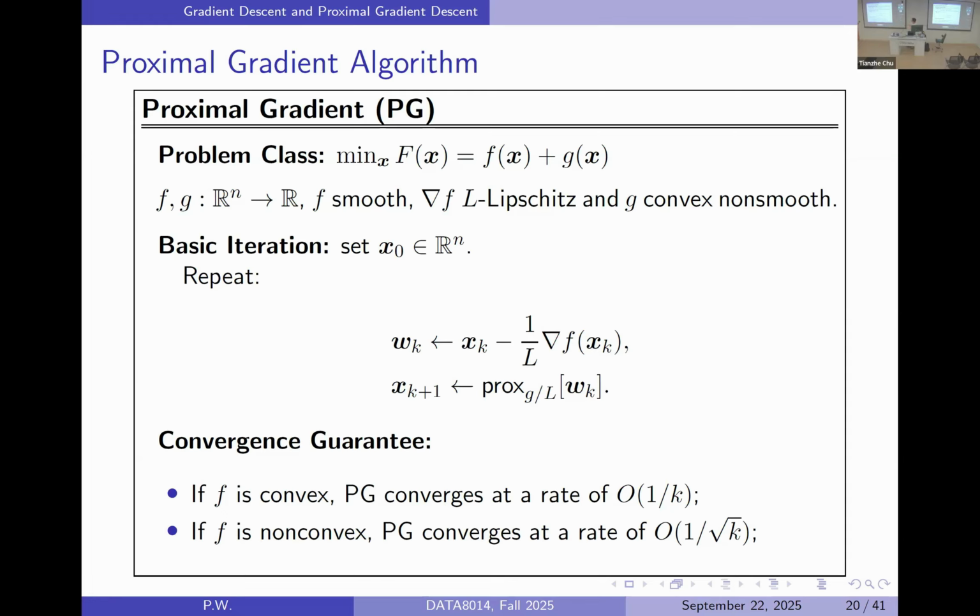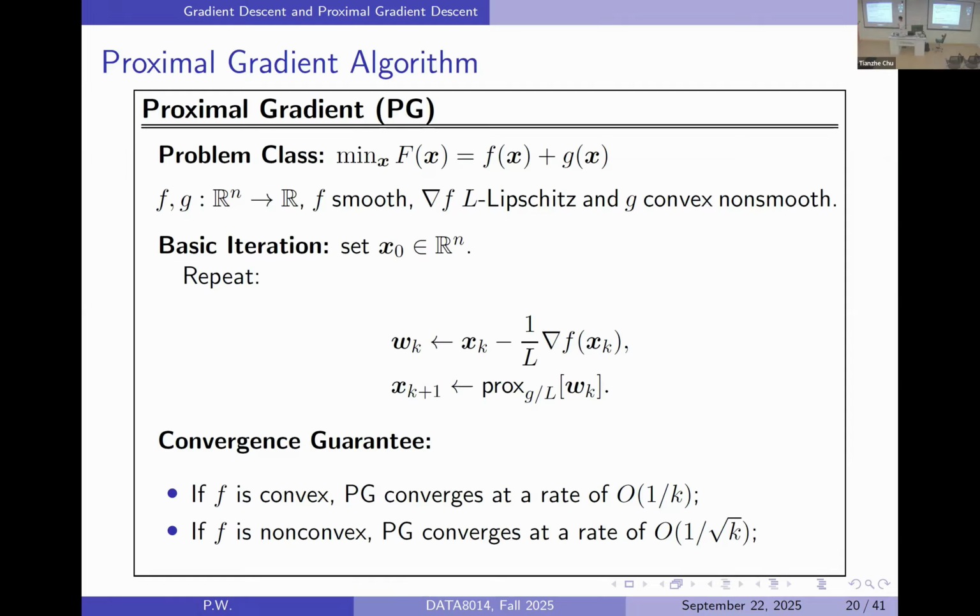The basic iteration is, first we take a gradient step for the f, and then apply the proximal operator to this w_k. That is the whole update of the proximal gradient descent.